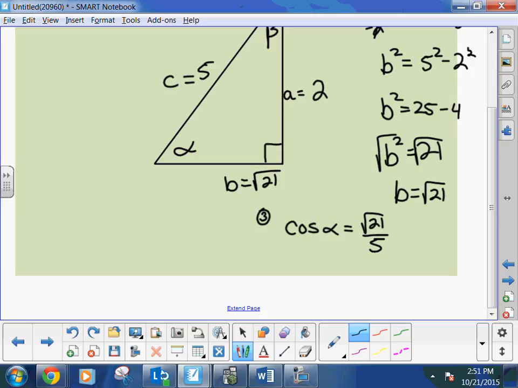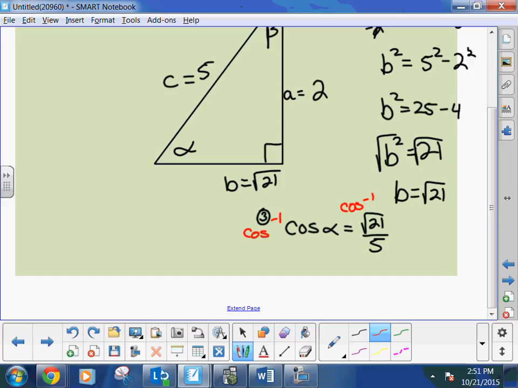Depending on the trig function you pick, it doesn't matter which, you're going to use something called the inverse cosine function. So it's the cosine with the little negative on top. When you look at your calculator, you're going to realize that negative. When you do that on this side, you have to do it on this side.